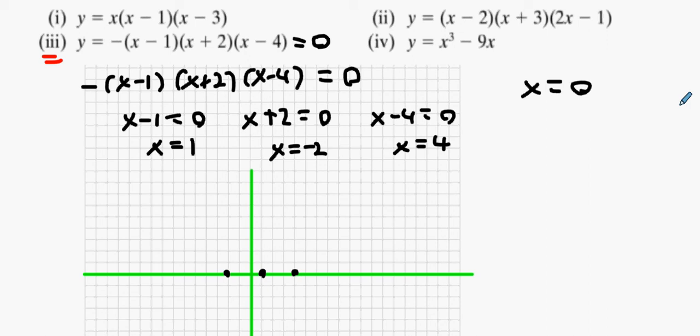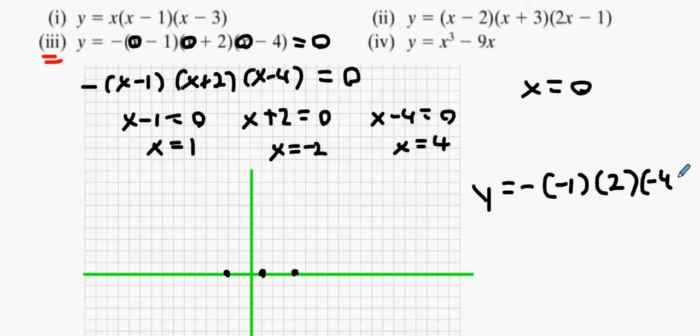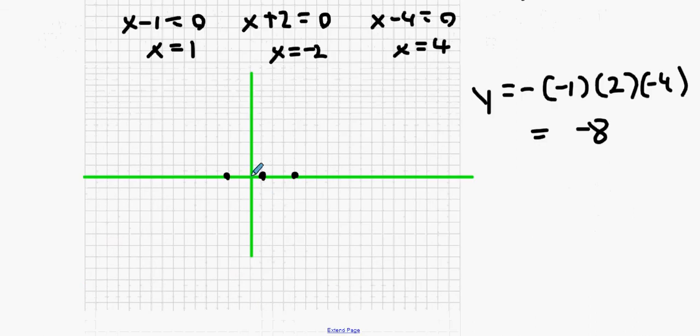So y equals minus times 0 minus 1 is? Minus 1 times 2 times, I count 3 minuses, which means the answer will be minus as well. So 0, minus 8. Where's 0, minus 8 located? Anybody know? 1, 2, 3, 4, 5, 6, 7, 8. Just actually beyond the reach of my line.